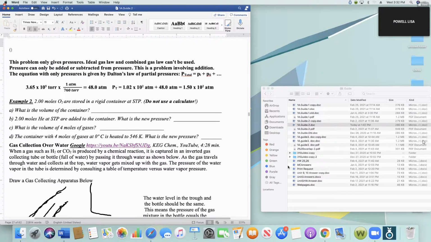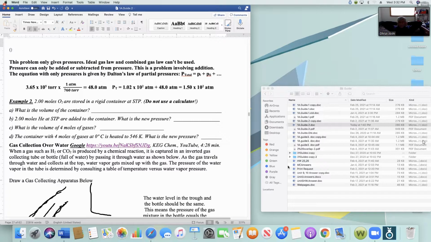So what about the derivation of ideal gas law? Is it Boyle's law, Charles' law, or all three of those? Good question. All three of them. Which law is the boss law? Which law is the most powerful law? Boyle's law, Charles' law, ideal gas law, combined gas law.